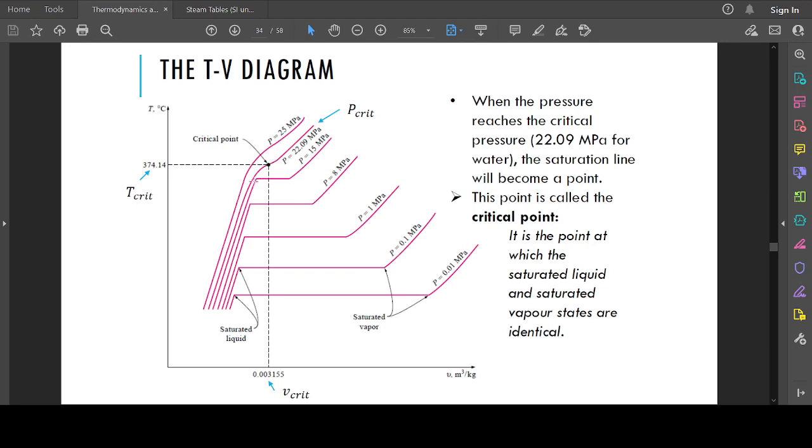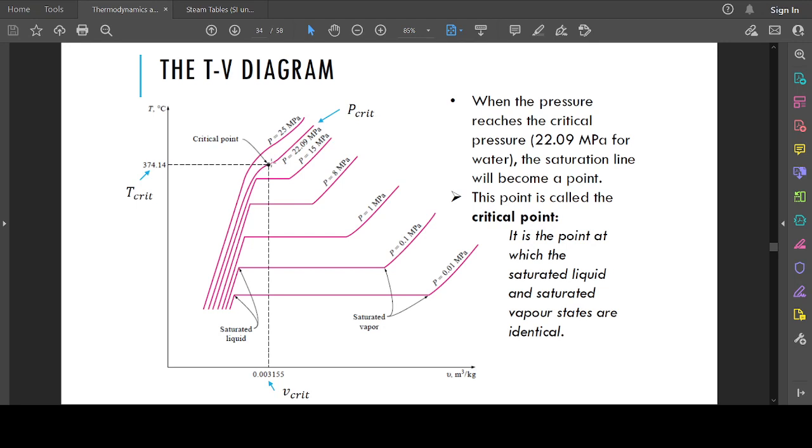We have the compressed liquid line. From here, it seems that once the compressed liquid line gets to the temperature of 374 degrees Celsius and this pressure, it quickly becomes superheated steam. So this point here identifies where the saturated liquid and vapor mixture exist.